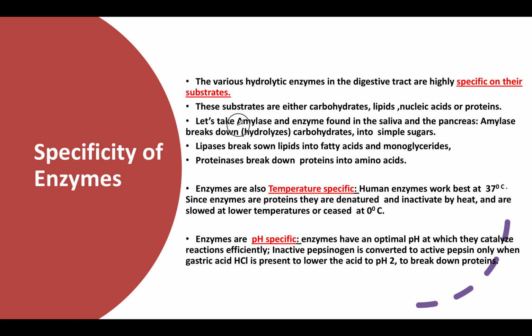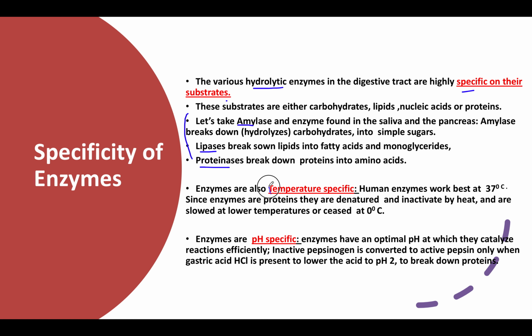Amylase is the enzyme that breaks down starches. Then we have the lipases, then we have the proteinases. All these enzymes are proteins, and they work on specific substrates. They are hydrolases.